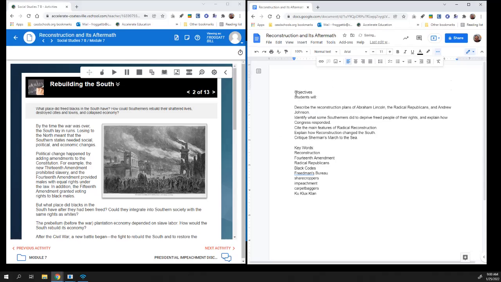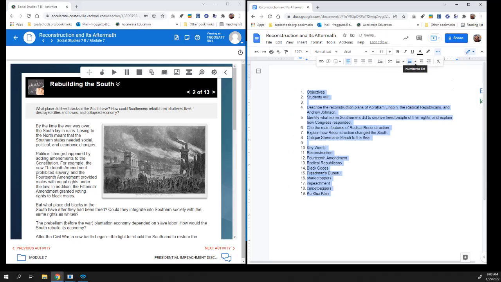Let's make this look prettier here, okay? Let's go ahead and create a true outline. I'm going to use, not the numbered, I like the big letters and skinny letters. Now watch me work on this, okay? Objective, students will.